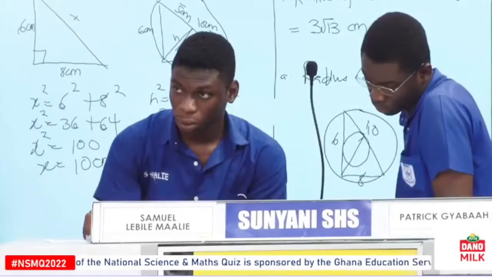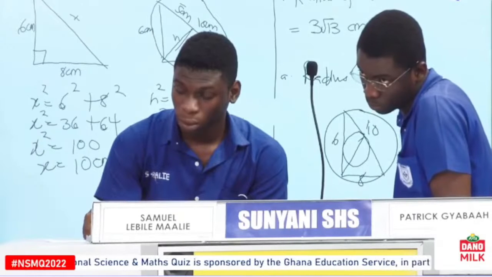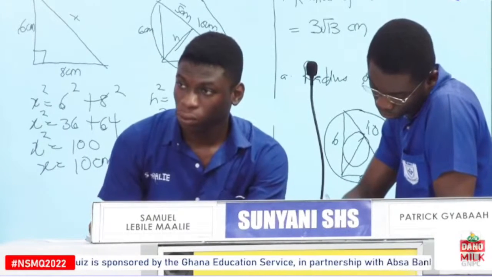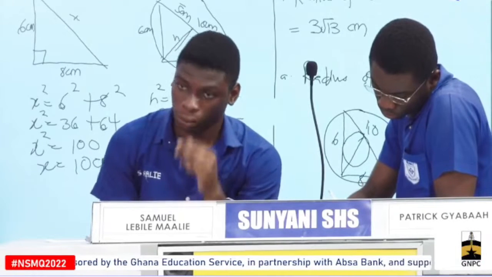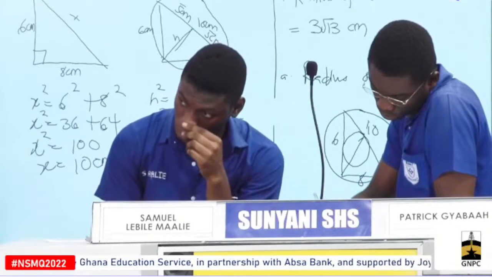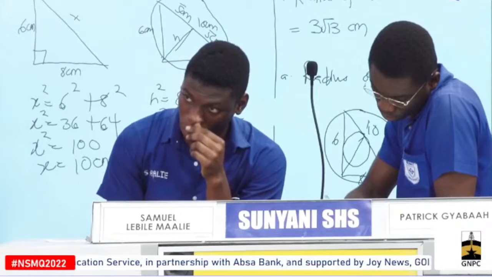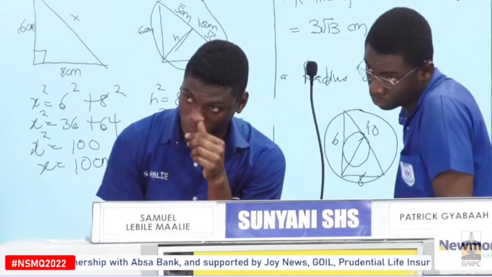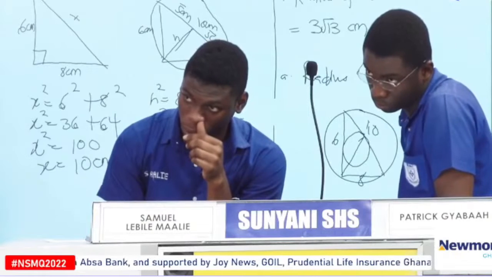Sunyani was able to determine the length of the hypotenuse as 10 centimeters. So I gave it to them. They didn't mention that it was the diameter, but at least we know that the diameter is supposed to be the hypotenuse. So I gave them the 1 mark for that. They hadn't defined what the diameter was, so they lost the mark for that. And then they did not do anything else after that.